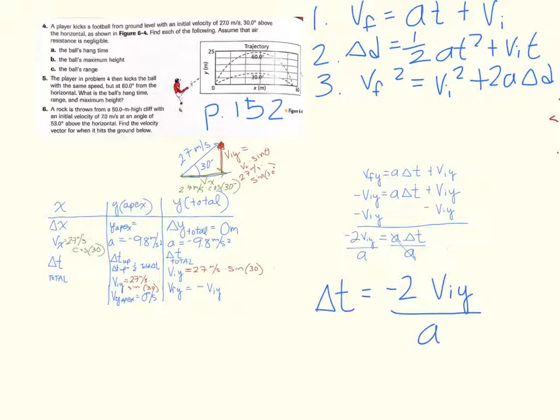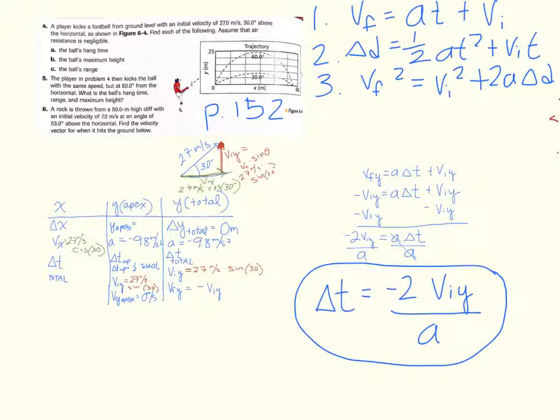This is a very, very helpful equation that I highly recommend you write down on your note card when you're working on these types of problems, because you can use this equation to solve for the total time any time you are doing a type 2 projectile problem. It will always work.